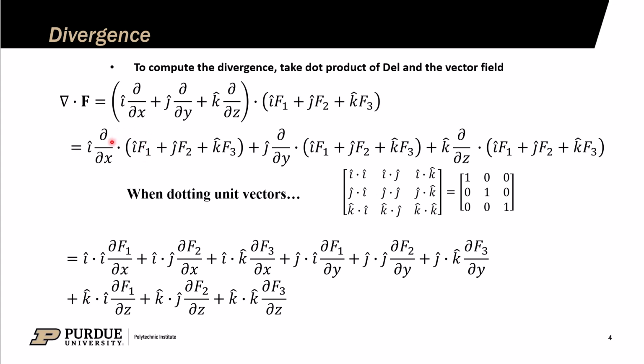So that f1 just goes into the partial. And then I dot j partial f2 with respect to x, and so on through all of the different combinations. And again, the surviving terms are going to be i dot i, j dot j, k dot k. And these dot products become scalar values of 1.